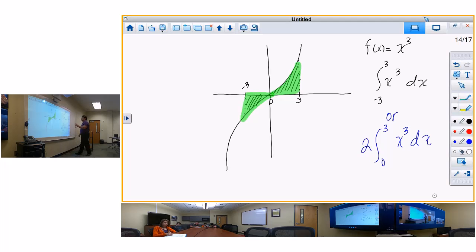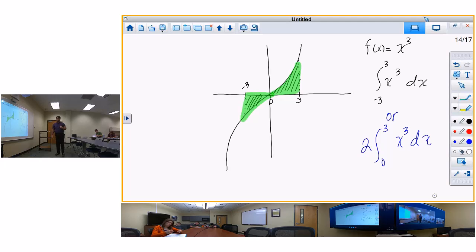Now I want everybody in here to do both of those. Do x cubed from -3 to 3, and then do 2 times 0 to 3 of x cubed. Either way, you're finding the area of the green area.